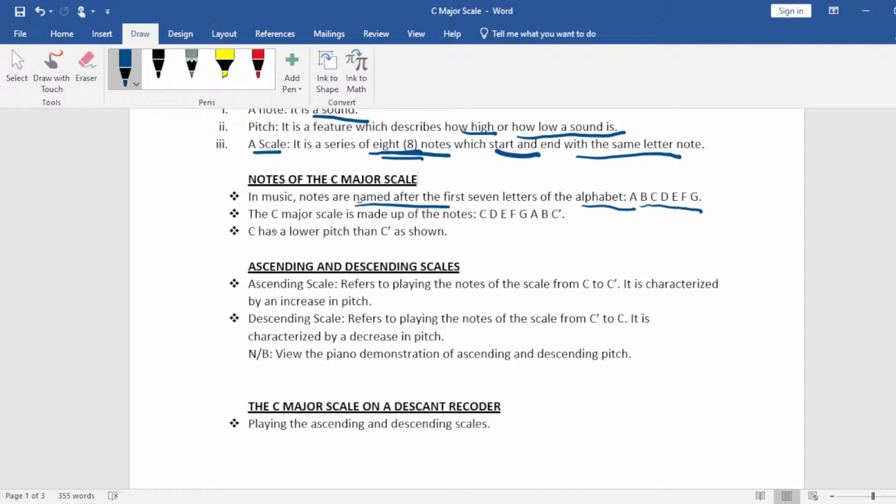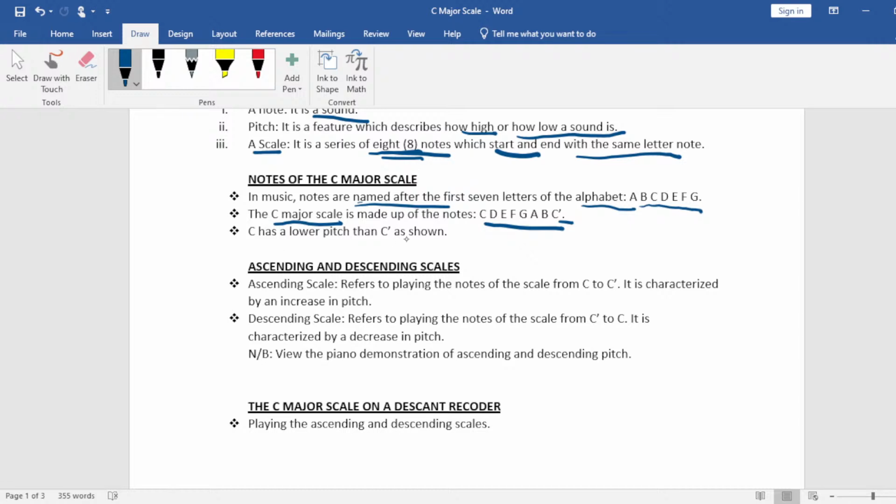So if we focus on the C major scale, it will be made up of 8 notes, and the notes will be C, D, E, F, G, A, B, and onto the high C.